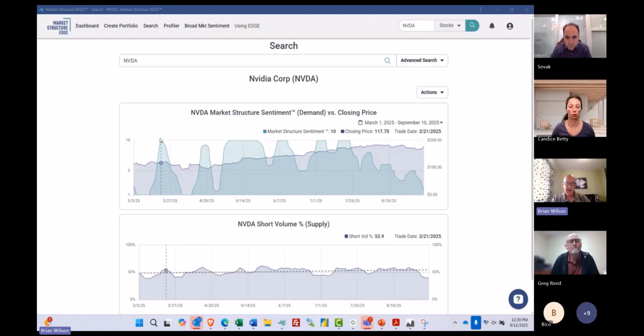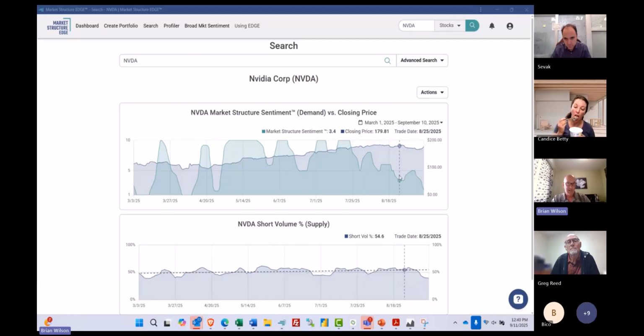So you can see that when demand falters, and once again, the green is demand, that's our algorithm sentiment, which is our algorithm for demand. When demand falters, well, share price falters. Demand moves lower, share price moves lower, and especially when it goes below neutral. And you can see it doesn't go below neutral very, very often.